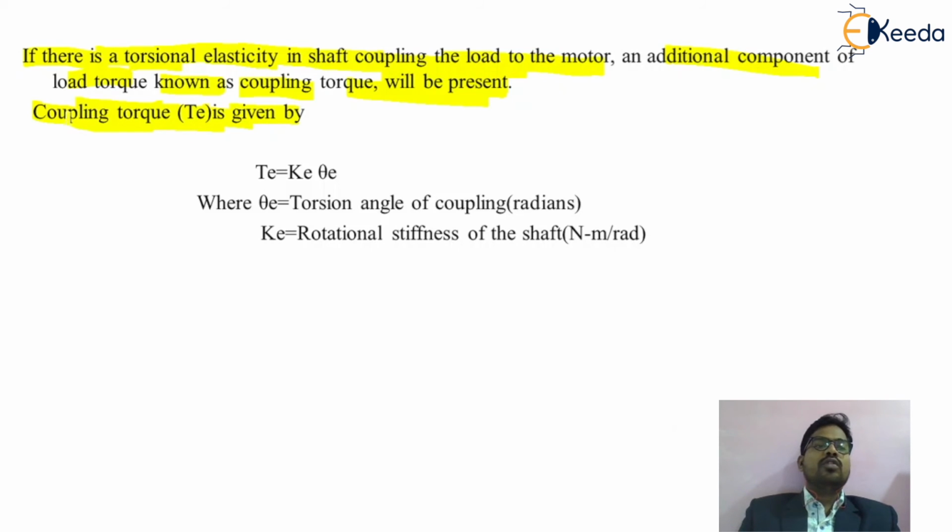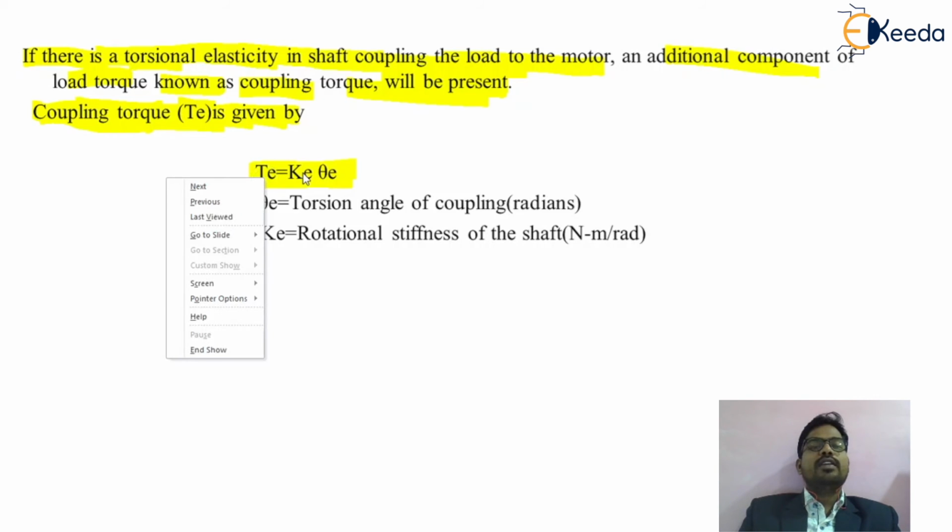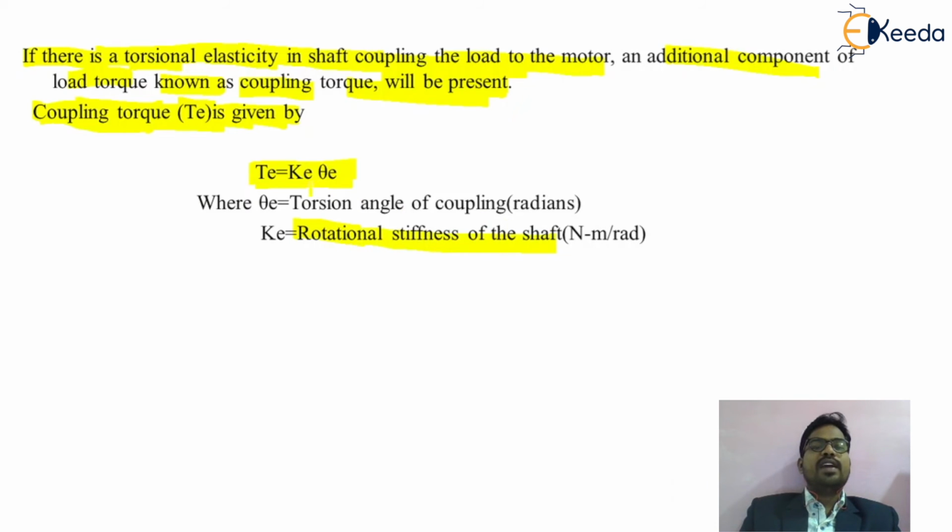The coupling torque is called TE. TE is given by KE into theta E, where KE is the rotational stiffness of the shaft, and theta E is the torsion angle of the coupling in radians.